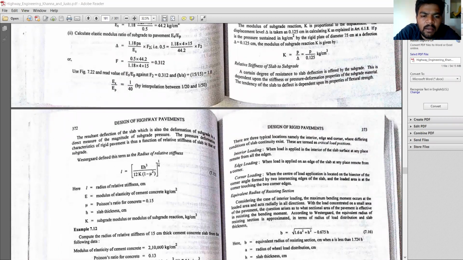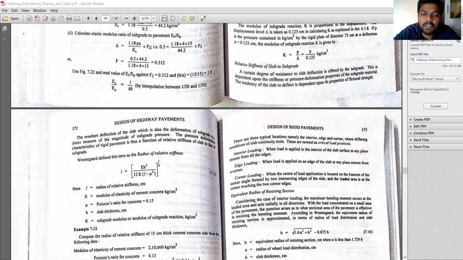If this is a slab, there will be some relation between the slab and subgrade. That relation can be calculated by the relative stiffness. If that stiffness is strong, then there is a strong bond between the concrete pavement and the subgrade layer below.